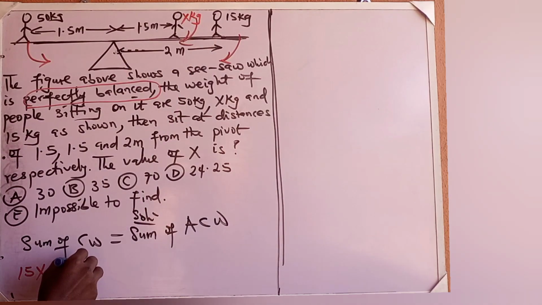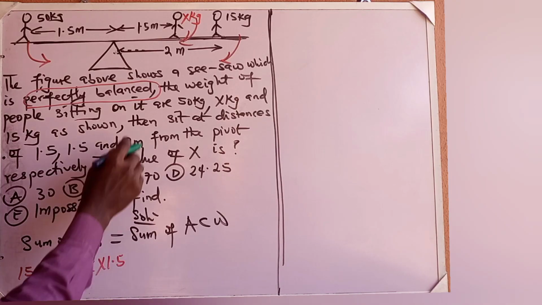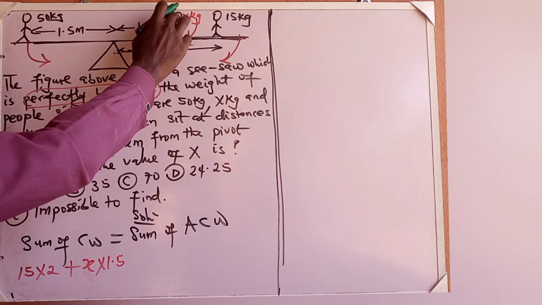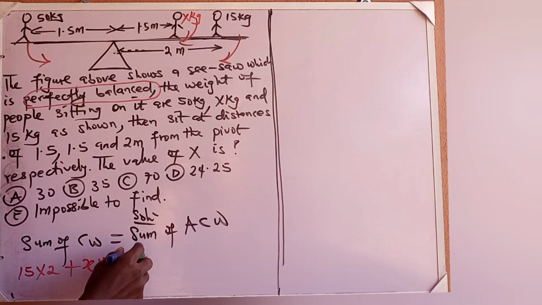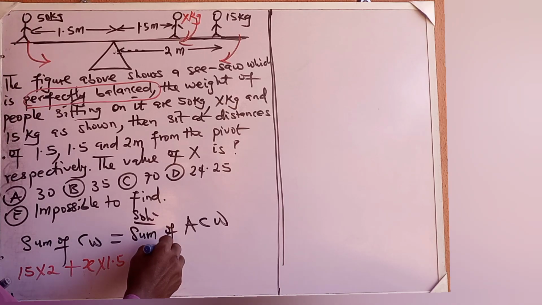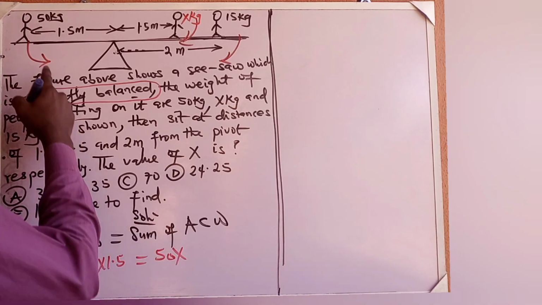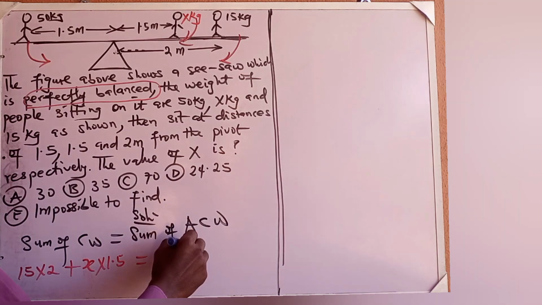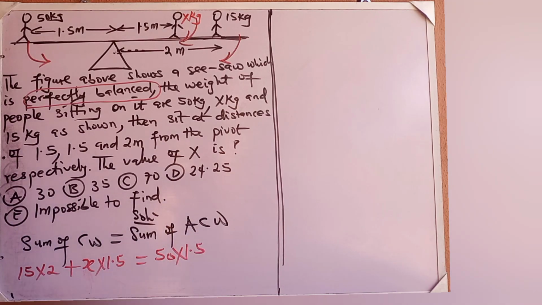So it's going to be x multiplied by 1.5. That gives us the moment produced by this person. And this is equal to the sum of anticlockwise moments. The anticlockwise moment is this 50 kg, so it's going to be 50 kg multiplied by its distance, which is 1.5.